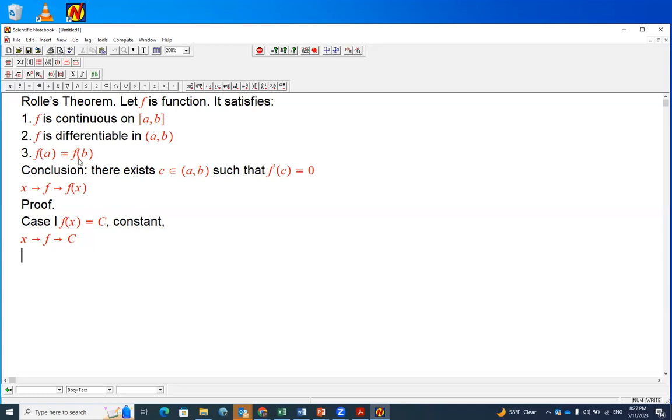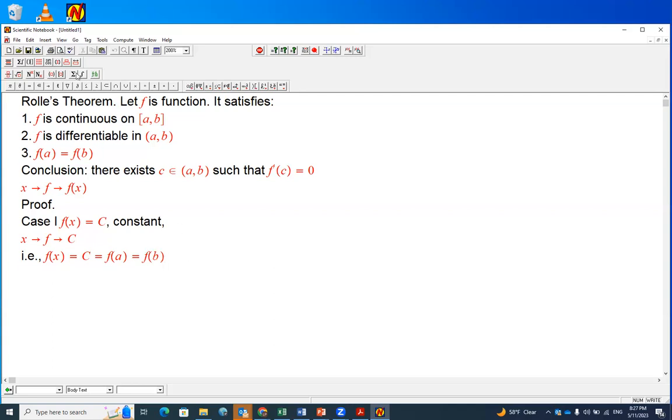At the endpoints, f(a) equals f(b), which also tells us that f(a) equals f(b) and equals the constant. So under the circumstances, f(x) equals the constant, and that constant is going to be f(a), and of course, it's also f(b).